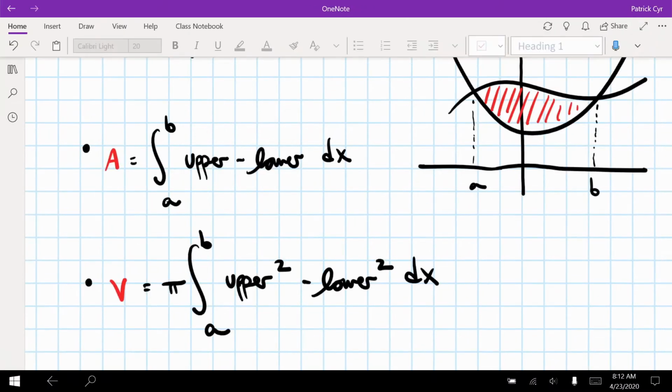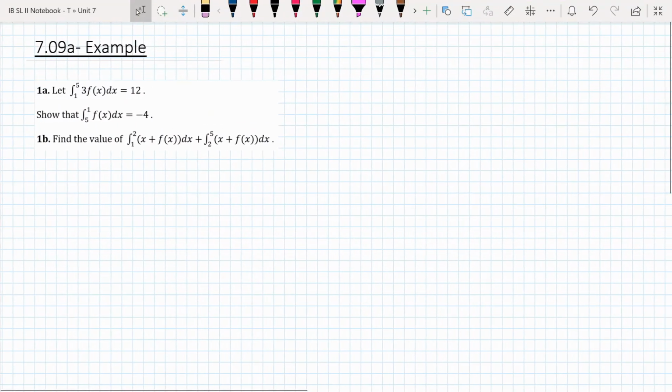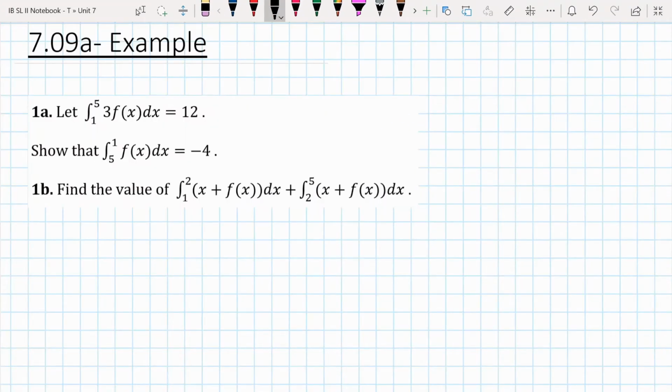Okay, let's do a practice question. Okay, our first example. Let the integral from 1 to 5 of 3 times f of x dx equal 12. We're going to show that the integral from 5 to 1 of f of x dx is equal to negative 4.